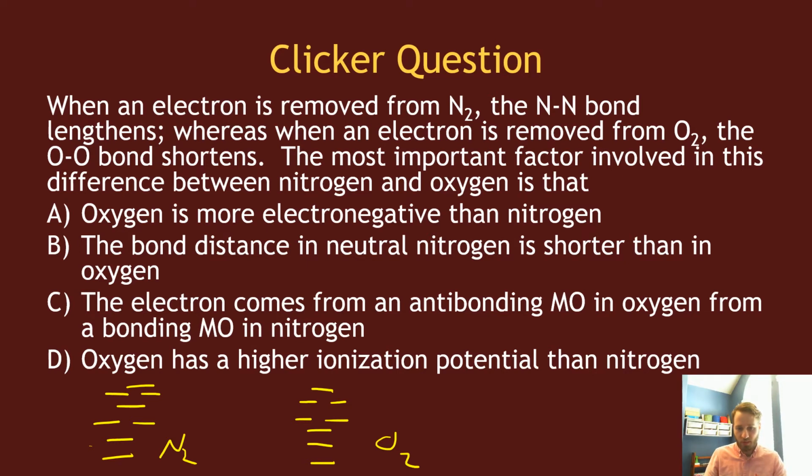If I put electrons into this diagram for nitrogen, how many valence electrons does each nitrogen have? There's the 2s and then the 2p.